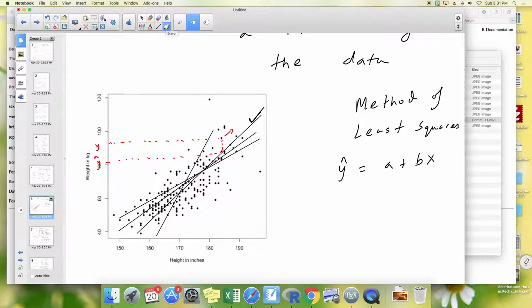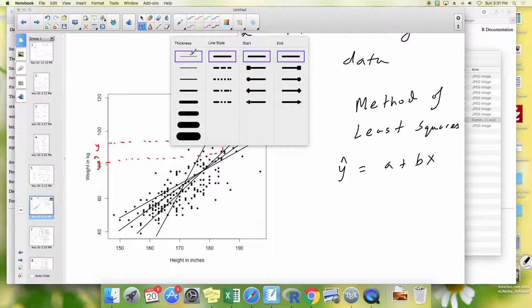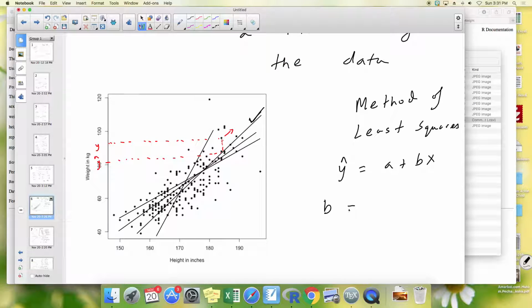So what's the mathematical decision about what a and b should be? There is a formula. The formula is b equals r times sy by sx, and a equals y bar minus b times x bar.